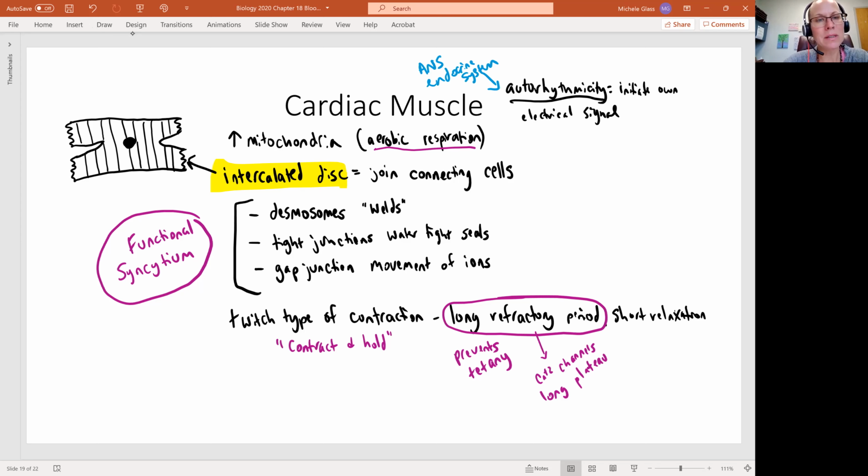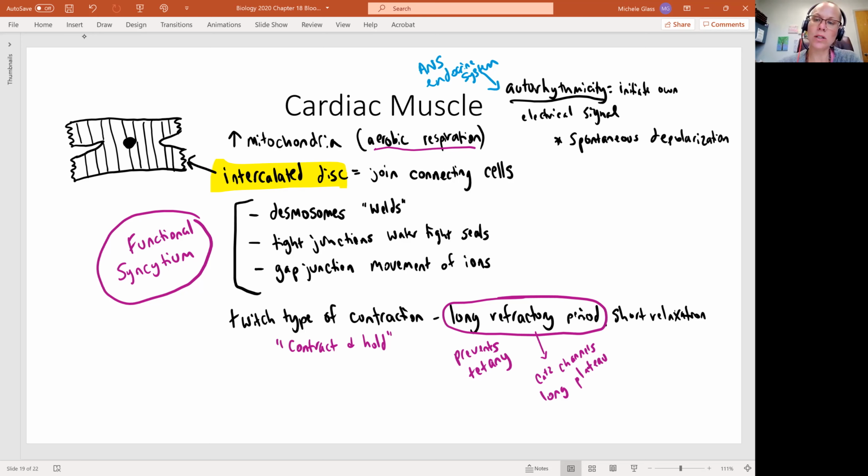But even in the absence of these two body systems, the cardiac muscle tissue will create its own signal. So we're going to have cells that do what's called spontaneous depolarization. This spontaneous feature means it's not depolarizing because of a signal from the autonomic nervous system or the endocrine system. It's doing it on its own.